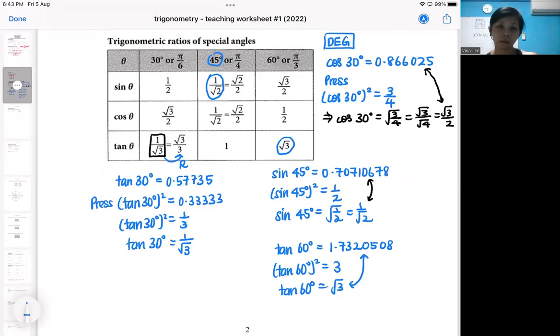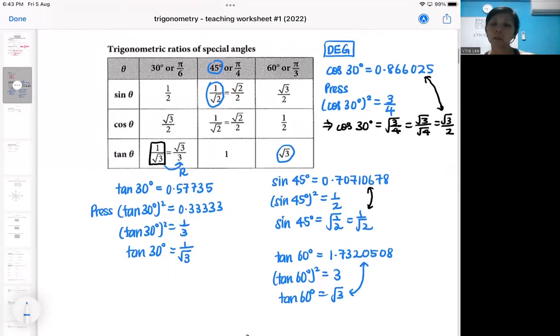Otherwise, you just memorize the numerical value. I do not memorize the numerical value. I will just punch from the calculator, and actually I already recognize certain numbers. So either that or you do the squaring on your calculator, you do the manual square root so that you know all the surds.